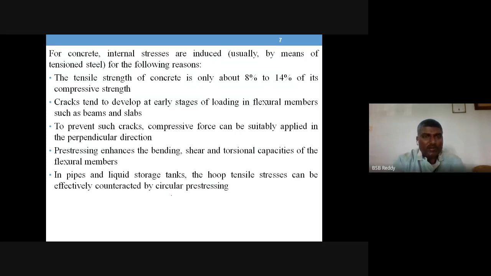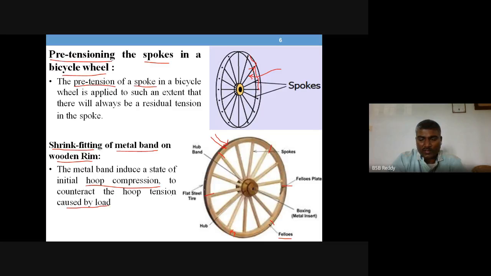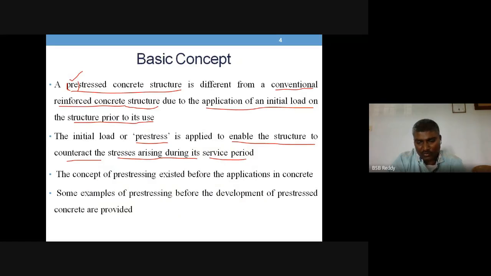So these are the prime reasons for inducing internal stresses, to have an enhanced lifetime of the structure or the structural member. So this is about the basic concept and some examples of pre-stressing, how it was being done even before the times of concrete, right?